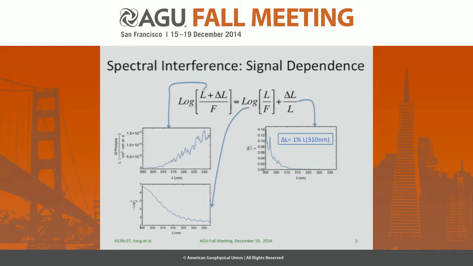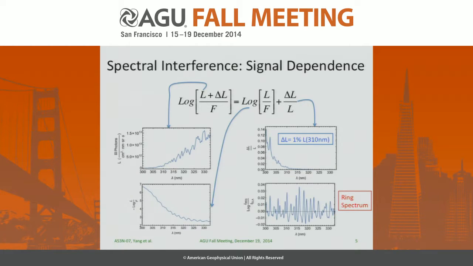Now, compared to the normal signal that we measure, here I show a ring spectrum. Normal trace gas absorption would be at the 0.01 level. So you can see the simple straight line introduces a very huge error into the spectrum, and we have to correct it in order to make a very accurate retrieval of the trace gas.